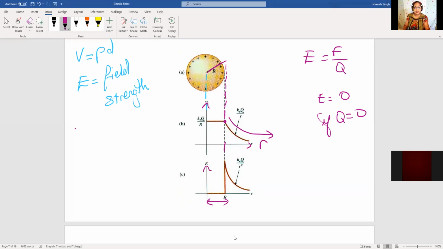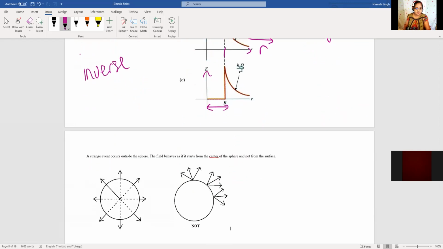But as soon as you reach the surface of your charged object, you're going to get your maximum electric field strength because electric field diminishes as you move away from an object. Just like any inverse square law.